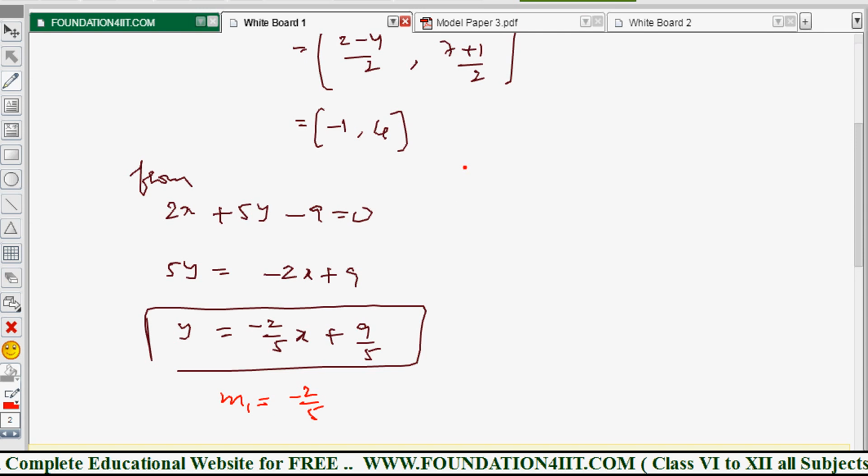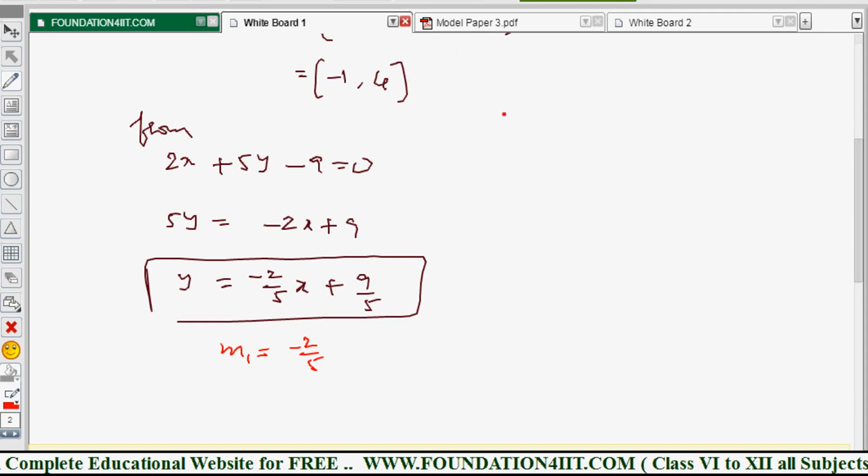Now the slope of the required equation is m2. Because the lines are parallel, m1 = m2, so m2 is also -2/5. And the point we got, point C, is (-1, 4).